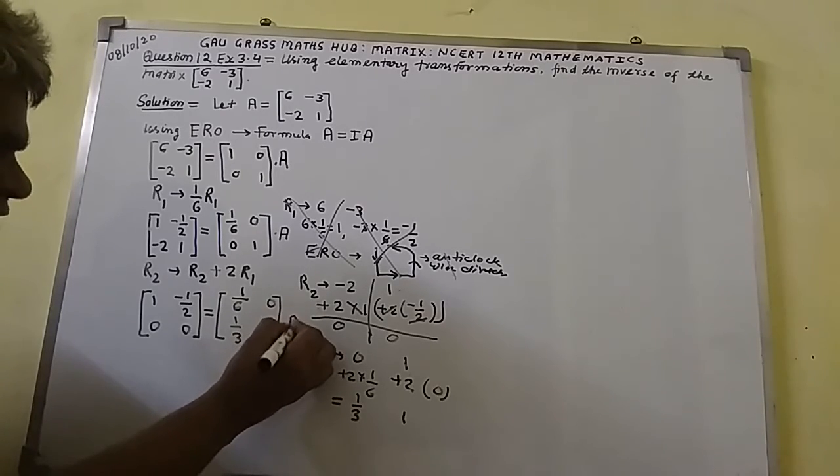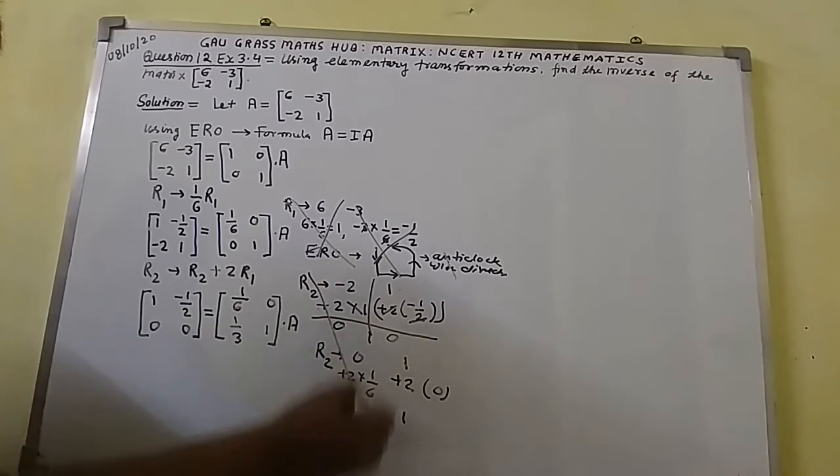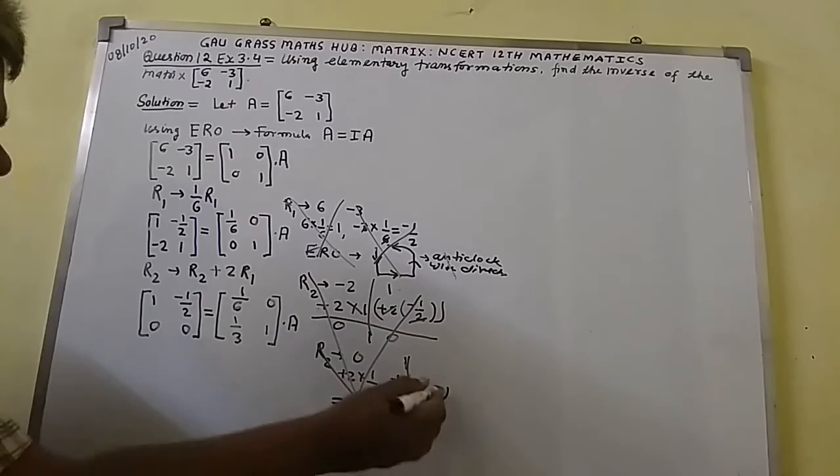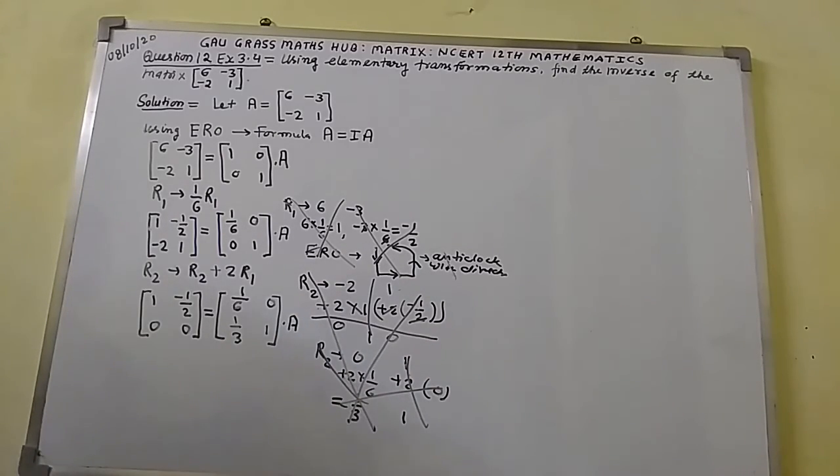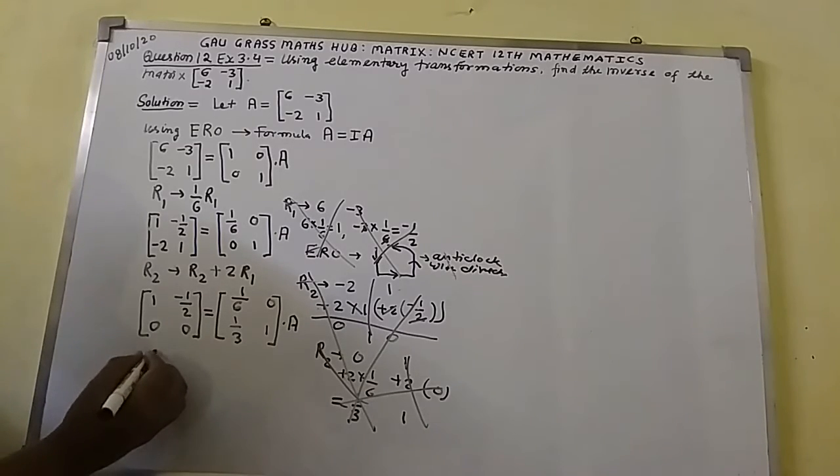This is the rough work. You can cross it out after getting the correct answer. So here you can see this is the identity matrix.